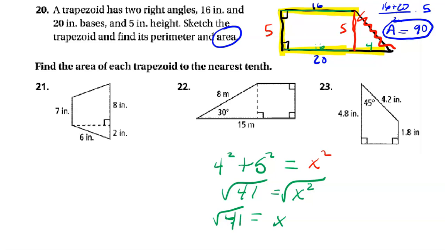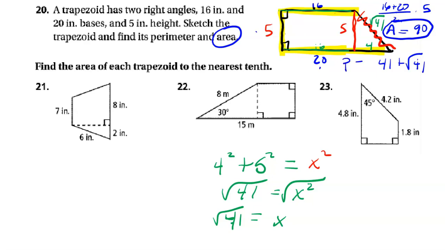And so now I can write that right here. If I'm going to add up all the sides for the perimeter, I have 16 plus 5 is 21, plus another 20 is 41, plus the square root of 41. Oh, that's kind of weird.